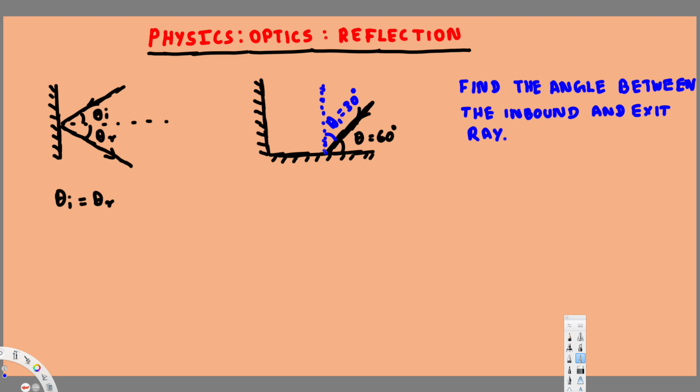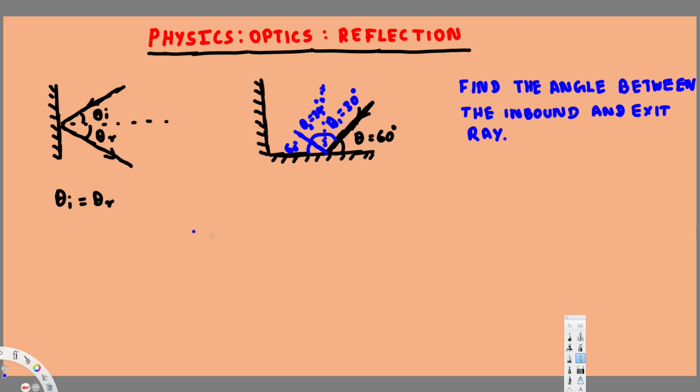Now if this is 30 degrees, we know that the angle of reflection must be 30 degrees because it should be equal, as we saw before. So theta 2 should be 30 degrees. And if this is 30 degrees, this must be 60 degrees, because we know the total angle is 90 degrees.